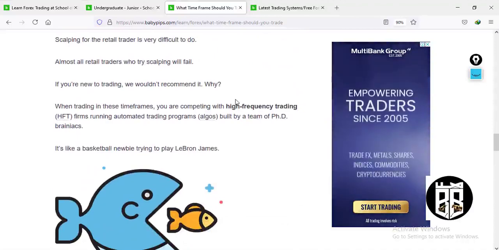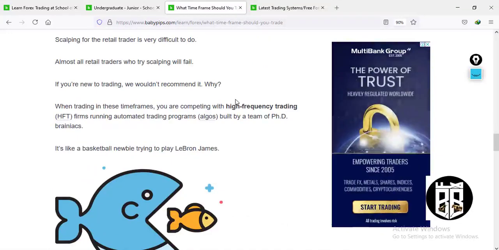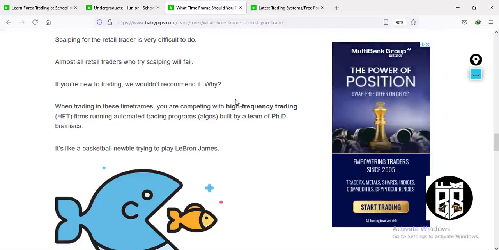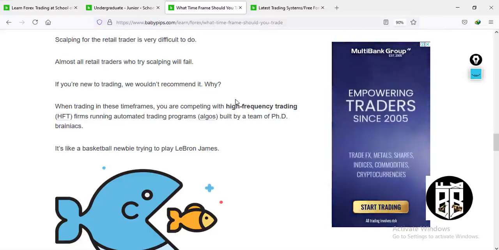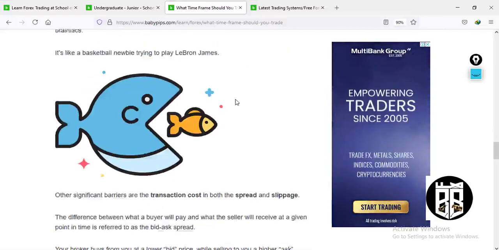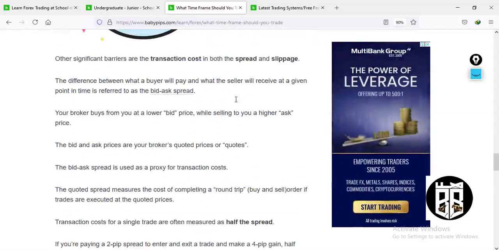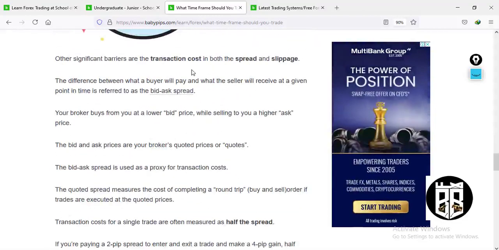starting out, stay away from the lower time frames, like 1 minute to 5 minutes. Start with 4 hours or 1 hour, or 30 minutes or 15 minutes. Do your analysis, then come down to the lower time frames for your entries. All this is saying is that it's about transaction spread.